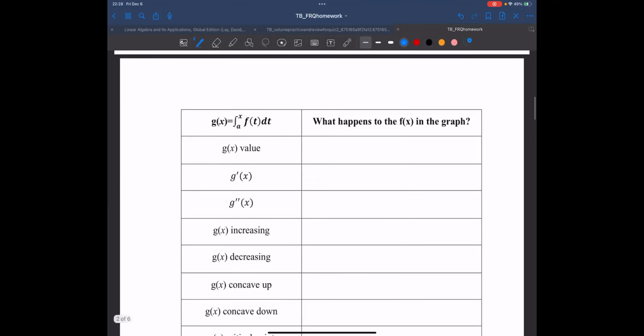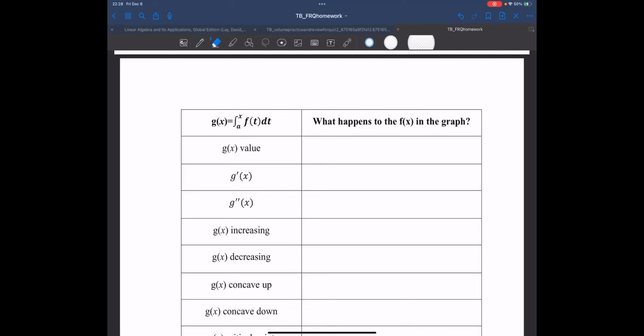Okay, about this kind of table, we can see that we have the g of x is the integration of f t, and what happened to the f of x in the graph. Actually, we write it down like this, and then we could find that here is some kind of f x, right?